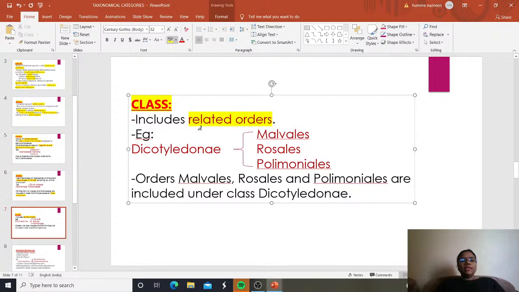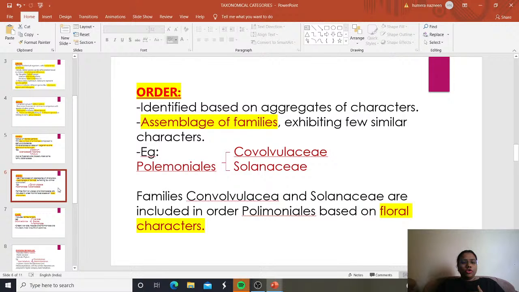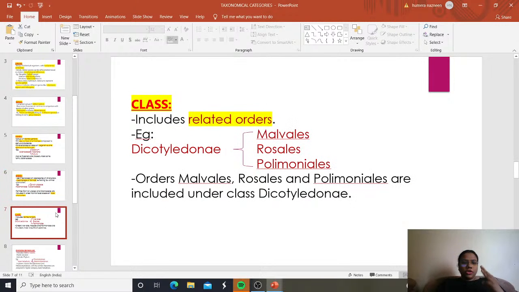Okay. Like for example, if we consider Malvales, Rosales and Polymoniales, these three are different orders, and they are placed under a single class, which is Dicotyledonae.